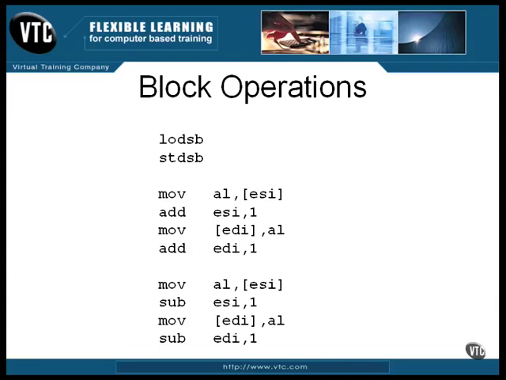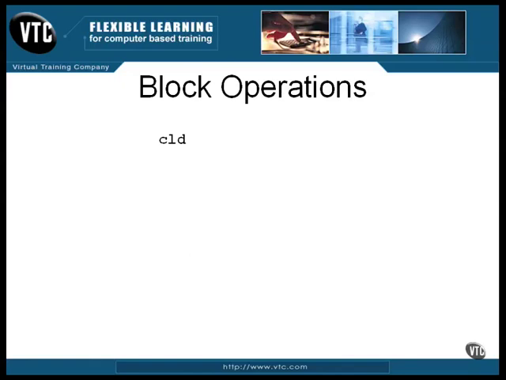They could actually subtract 1 each time from the index registers, effectively changing the direction they iterate through memory. That's what the direction flag setting does. The CLD instruction clears the direction flag, and with it cleared, the load and store instructions will add to the index registers.